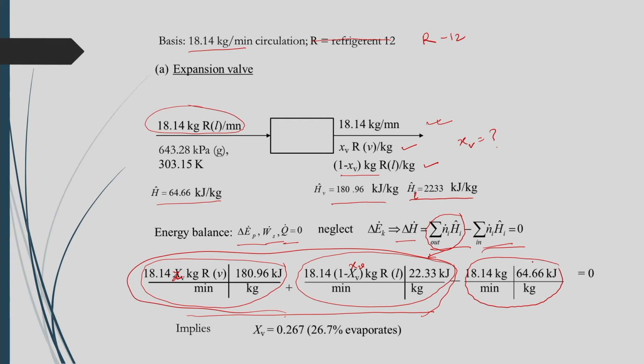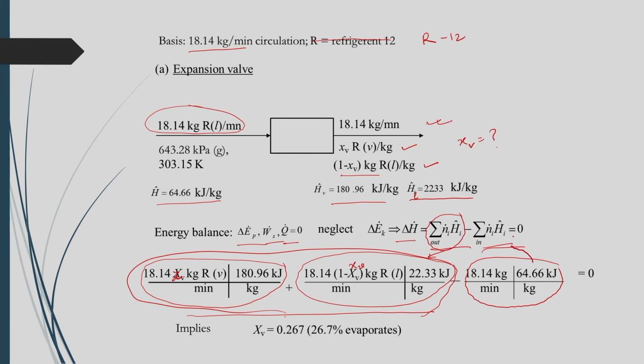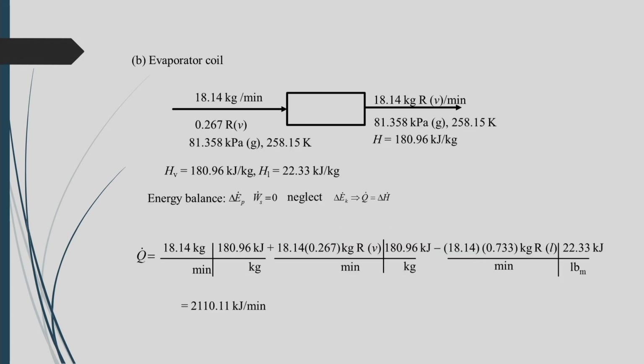Then according to this we can write the equation here, and if you solve this for XV, you get XV equal to 0.267, that is 26.7% evaporates there. So, 26.7% of the liquid refrigerant evaporates in this refrigeration process.